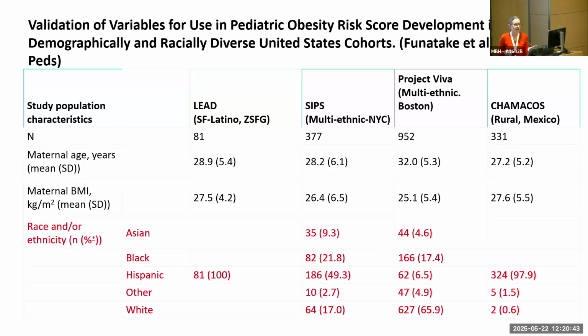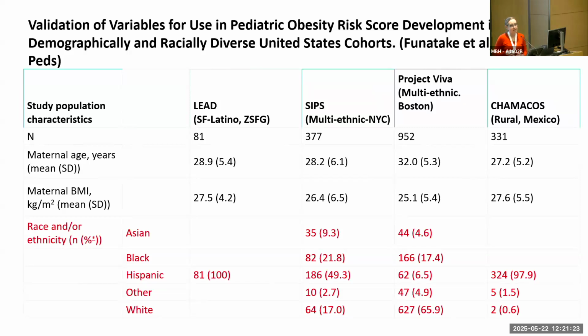Some people may know Brenda Eskenazi over at Berkeley, who has it's also a Latino cohort, but it's rural in the Central Valley here in California. I worked with Project Viva, which is a large Harvard-based multi-ethnic cohort in the Boston area. SIPS, which was or is a multi-ethnic cohort in New York City. And then I had another cohort that was less restrictive than my initial cohort at ZSFG.